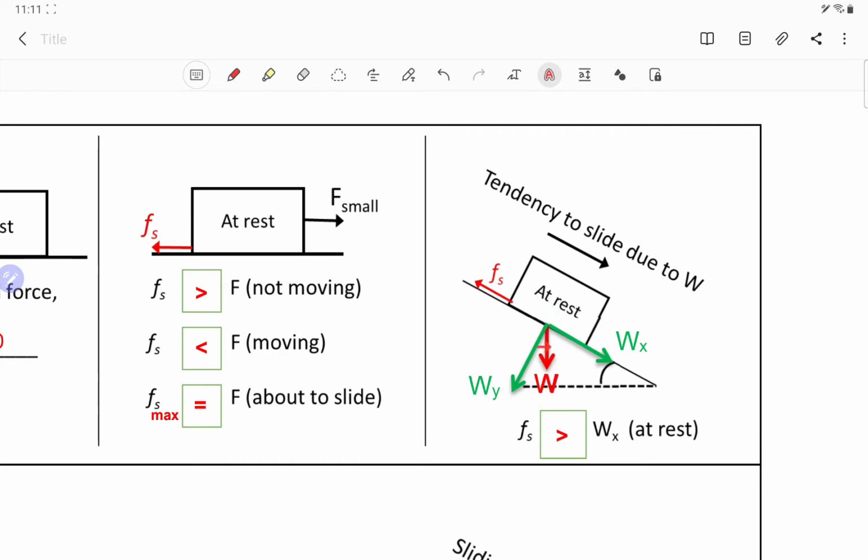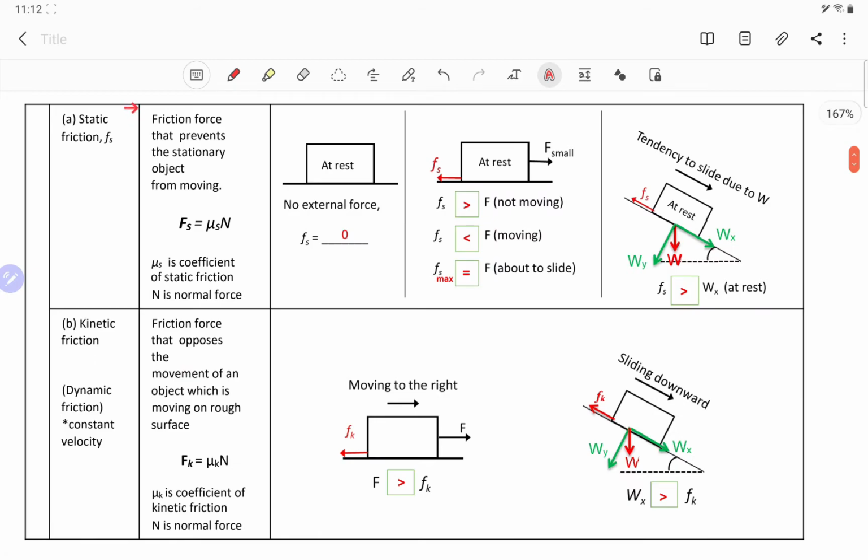So, yang merah ni akan turun ke bawah. But yang menyebabkan dia melongsor turun ke bawah is the component of the weight, which is Wx. In the case Fs is greater than Wx, dia akan at rest. But if the magnitude of Wx is greater than Fs, dia akan gerak turun ke bawah. So that is for static friction.